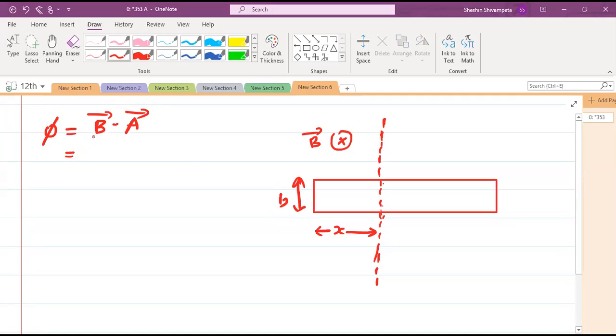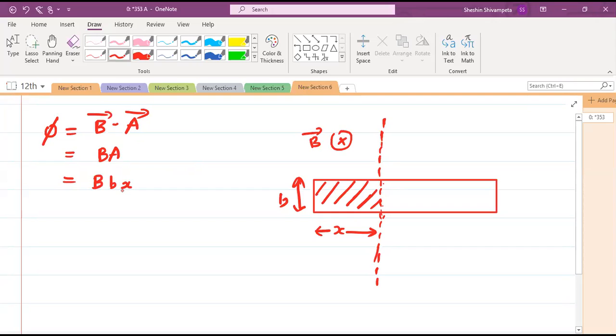If we take it as inward, we'll get it as positive, so we'll take it as inward. Now what area is inside the field? Only this area is inside the field. So b bar dot a bar हमें directly B a मिल जाएगा, theta is 0, so cos theta is 1. Right, capital B into small b into x.